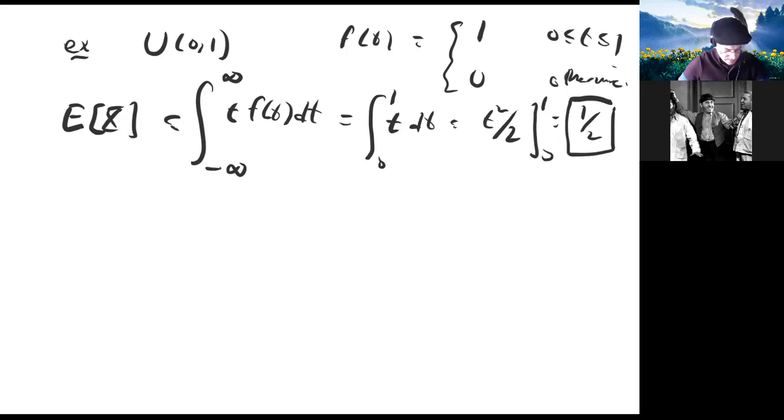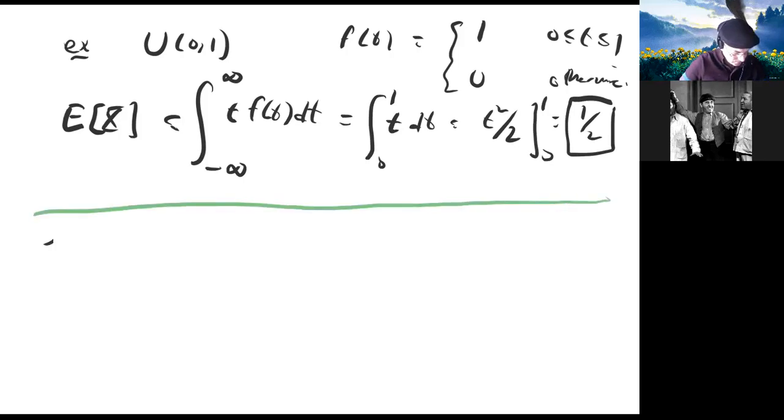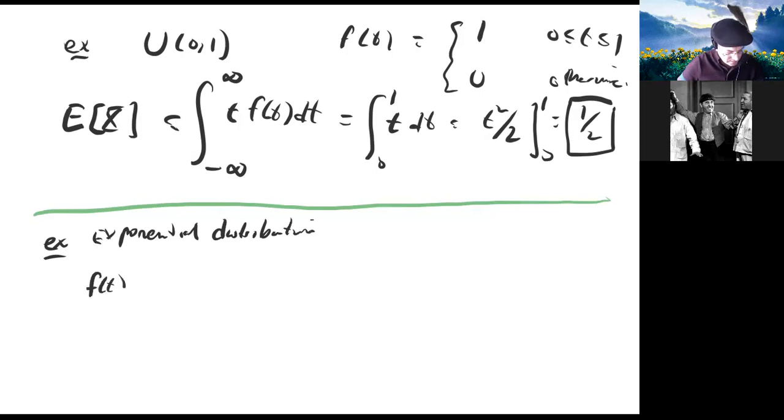Let's try another example. How about the exponential distribution? Well, in that case, f of t was equal to 0 if t is less than 0, and c e to the minus ct if t is greater than or equal to 0.